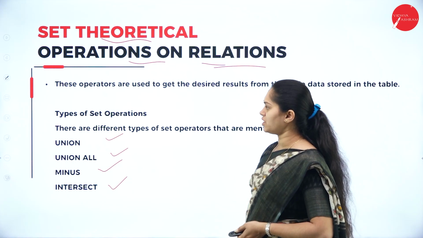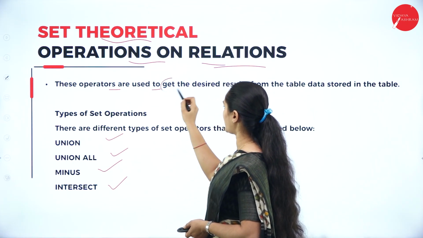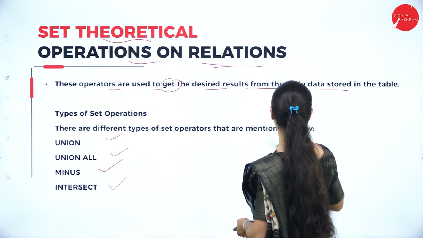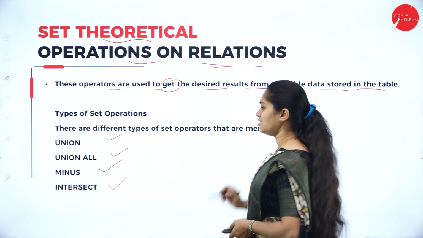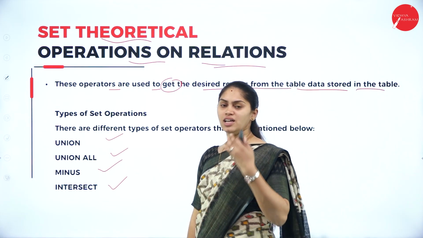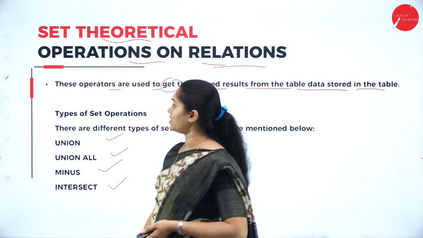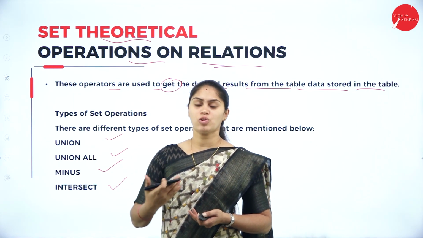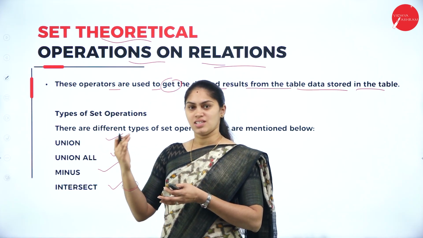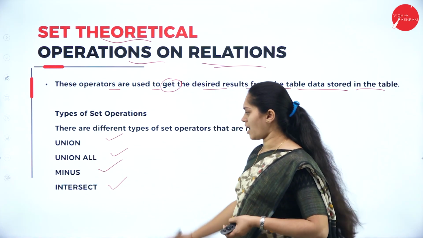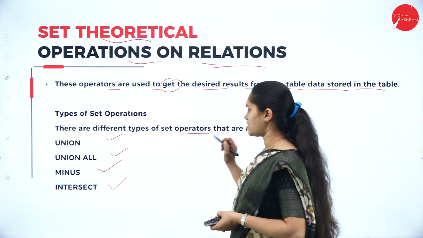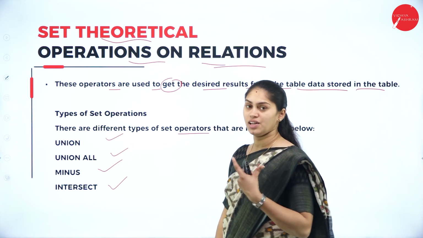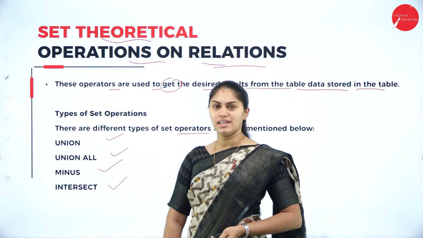First, we have to understand that these operators are used to get the desired result from the data stored in the table. From the table data, we are fetching the data. Whenever we perform set theoretical operations, just like the set operations in mathematics, here also we have different types of set operators: union, union all, minus and intersect.